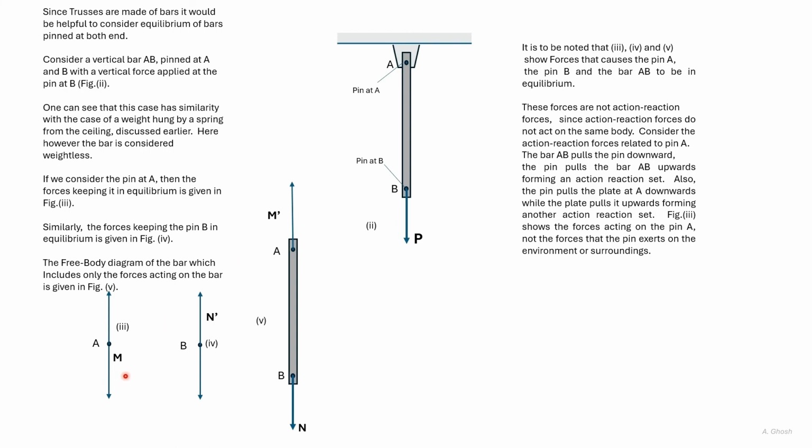So these two form an action-reaction pair. They are forces acting on different bodies. Here the force is acting on the pin, here the force is acting on the bar. Similarly here, the force N is acting on the bar, and here the force N dash is acting on the pin. So N and N dash form an action-reaction pair.